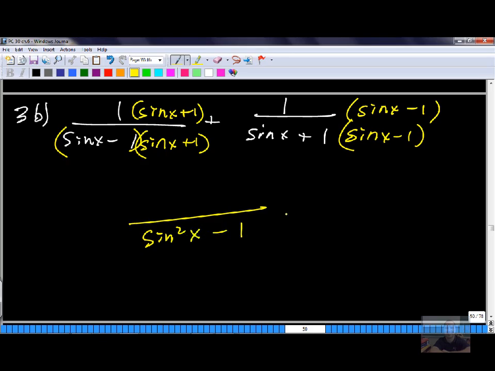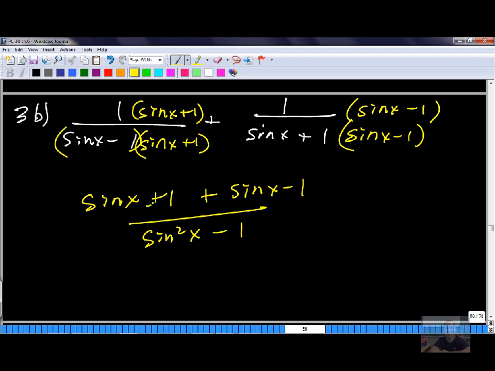So you can just write that as one term. And then up here, you've got sine x plus 1. That's what 1 times sine x plus 1 is. And then you've got plus sine x minus 1. And because this is an addition, you don't need brackets here. If it was subtraction, you would. And then you look at this and you say, okay, is there any way I can simplify this?